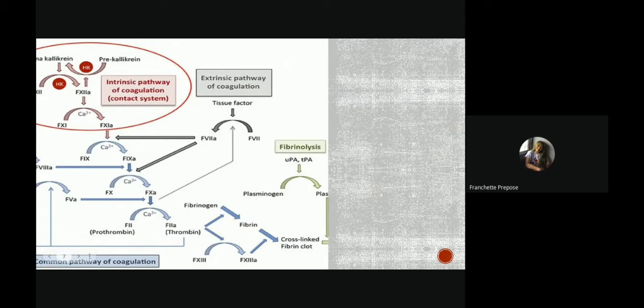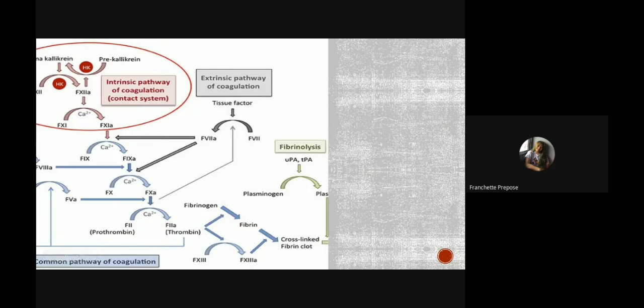Now, factor 10 will interact with the complex, factor 8 and factor 9, to become active factor number 10. Now, factor 5 will react to activated factor 10 and platelet factor 3 and calcium.